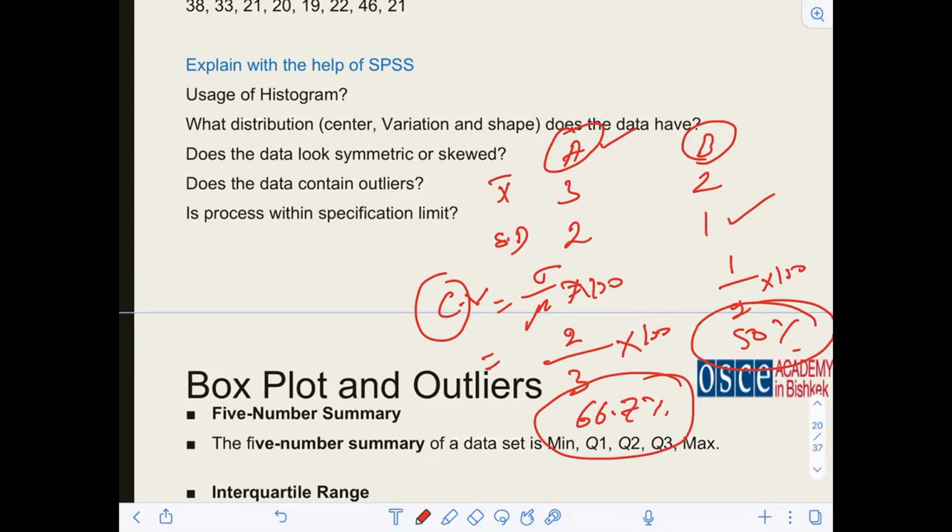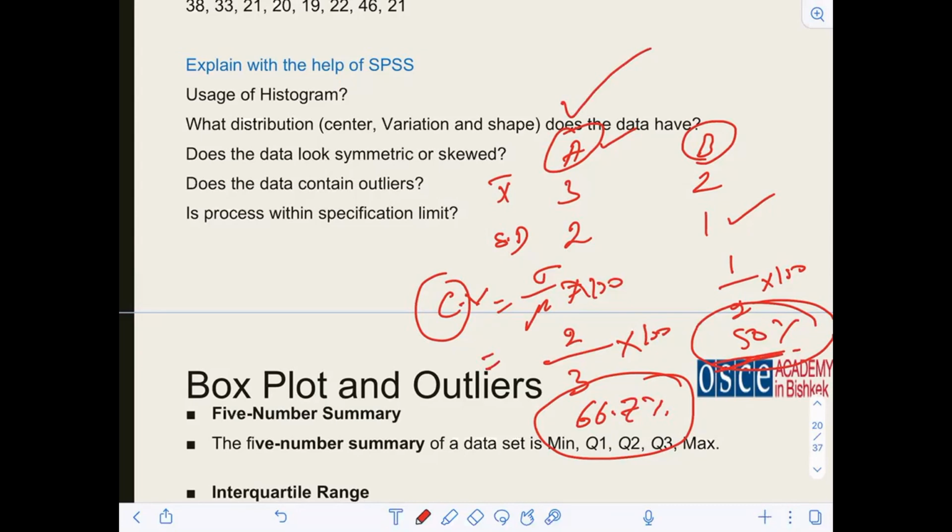So when we look at the coefficient of variation, it seems that A is more volatile, has more variation, whereas the one who has got 50% seems to be more, the word I should use, consistent. His consistency, as far as hitting the goals is concerned, is better than A.